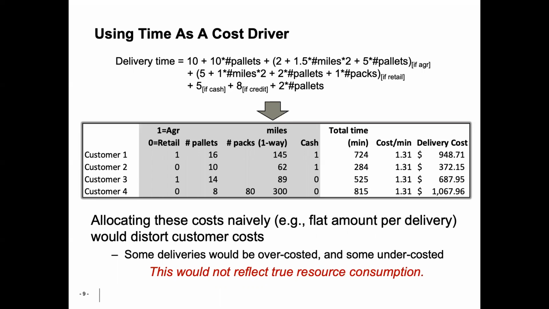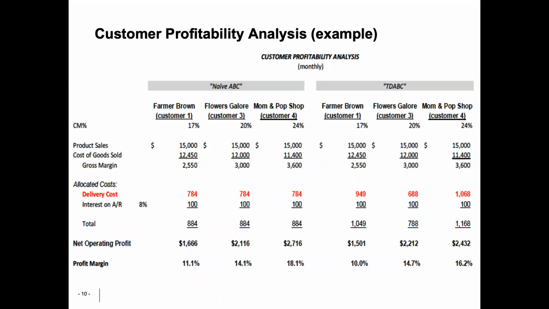This does not distort customer costs. Some of the deliveries would be overcosted, some are undercosted, and this way, when we do the time-driven cost analysis, it captures the true resource consumption by customer.